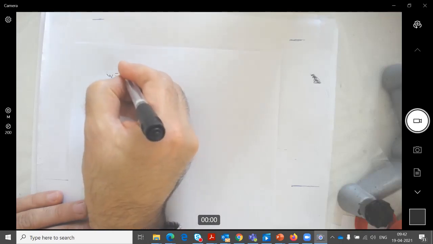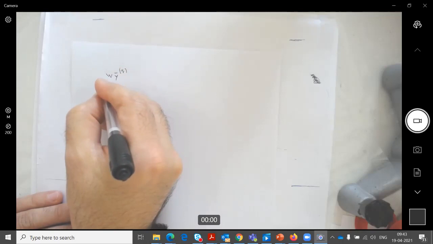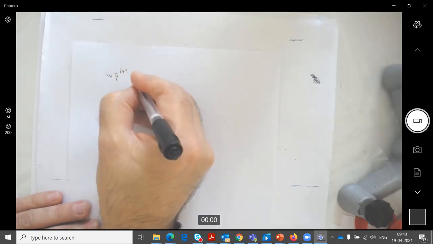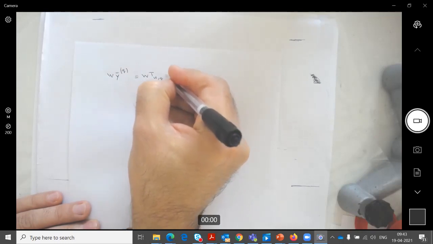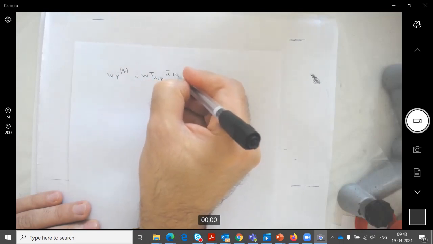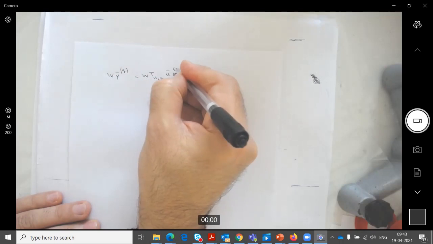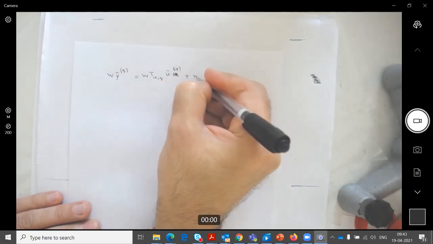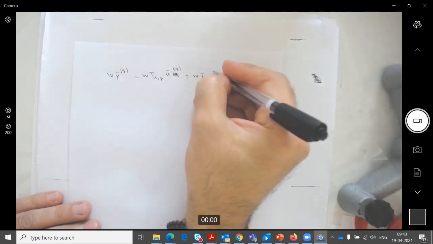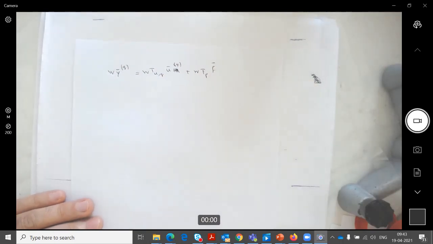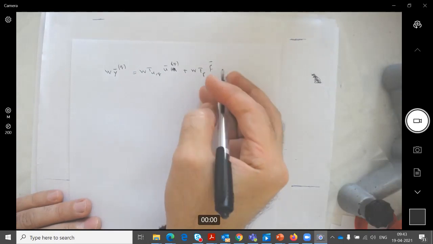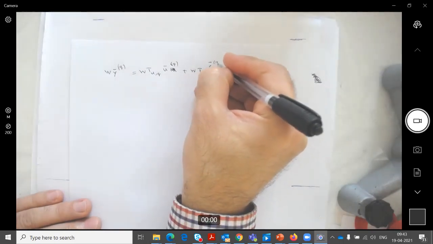Okay, so this is what we have. W multiplied y is equal to WTu, u bar, plus WTF, f bar. I will drop the arguments because we just need to get the idea.